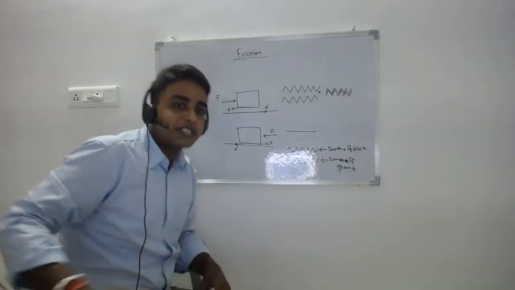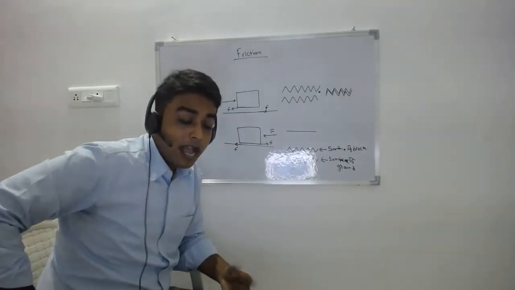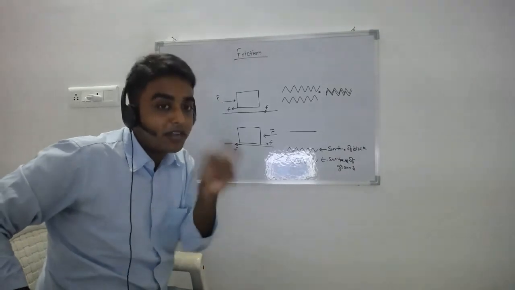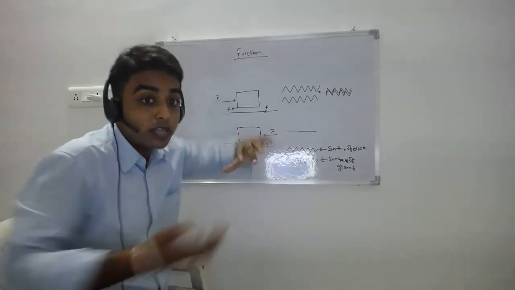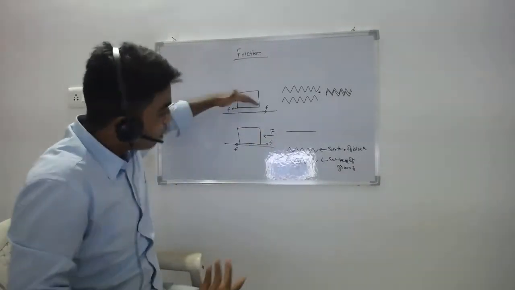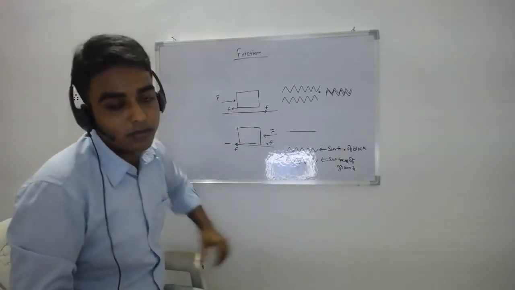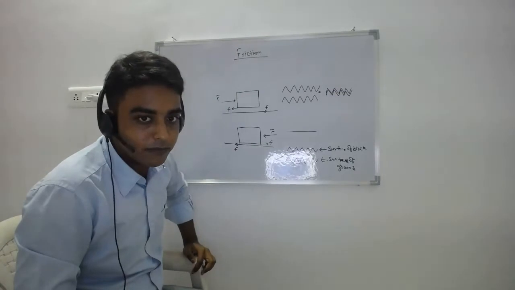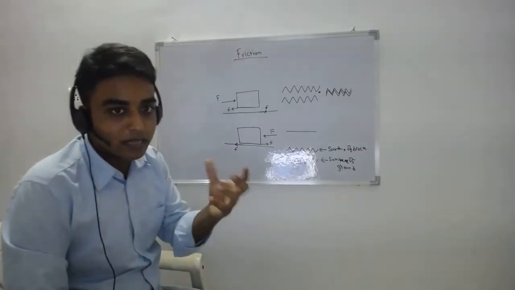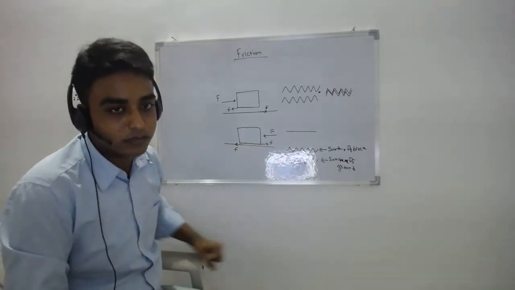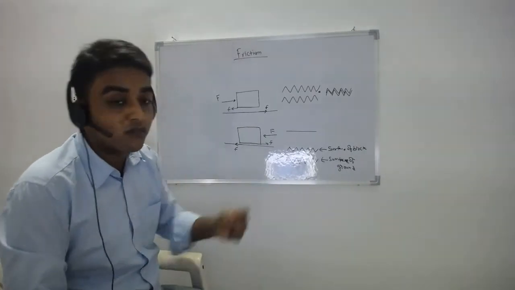So it depends on the strength of interlocks. And the strength of interlocks depends on the force exerted by the block on this surface, which is called normal. This is another kind of force.